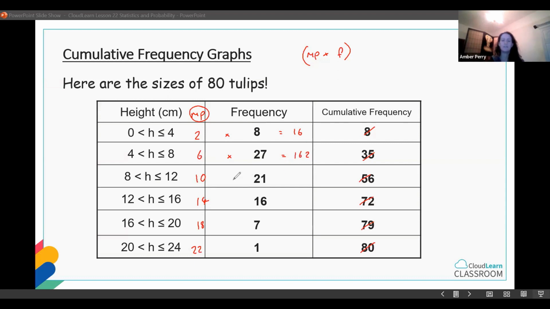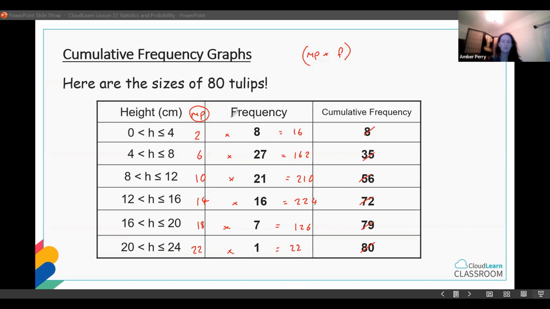And then 10 times 21 is equal to 210. 14 times 16 is equal to 224. 18 times 7 is 126. And 22 times 1 is 22.